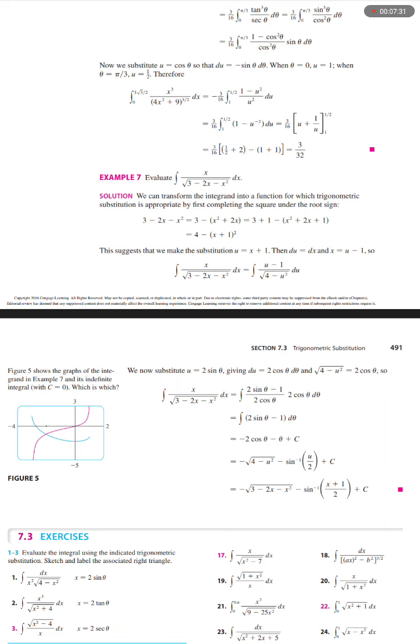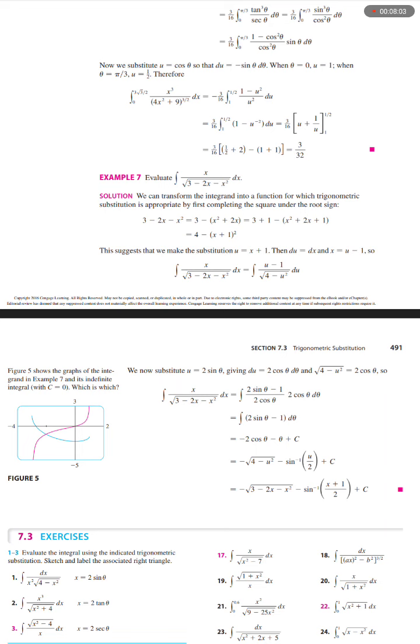So the integral of x over the square root of 3 minus 2x minus x squared dx equals the integral of (u minus 1) over the square root of 4 minus u squared du.